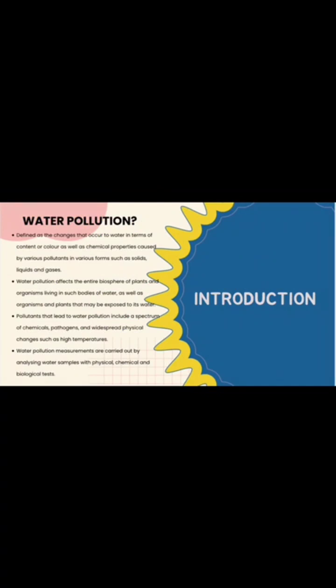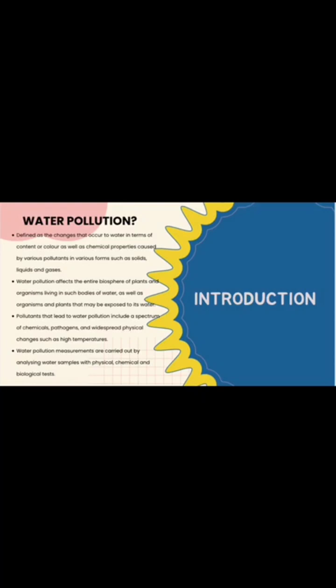Firstly is the introduction. What is water pollution? Water pollution is defined as the change that occurs to water in terms of content or color as well as chemical properties caused by various pollutants in various forms such as solid, liquid and gas.